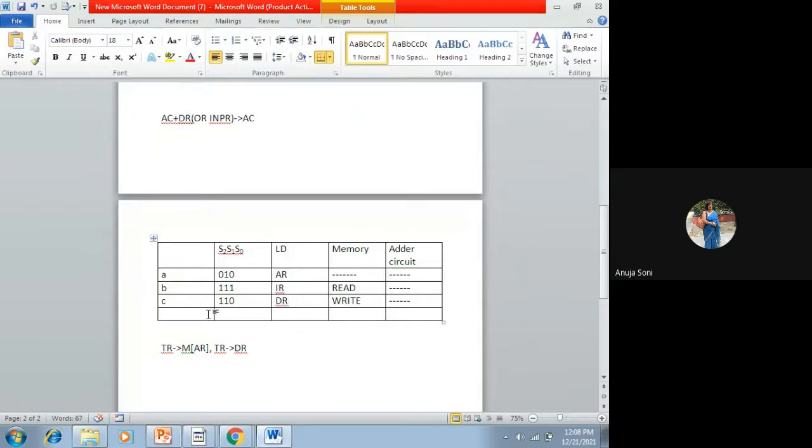This is your D part. What will happen basically? The value of S0, S1, S2 will become 4.